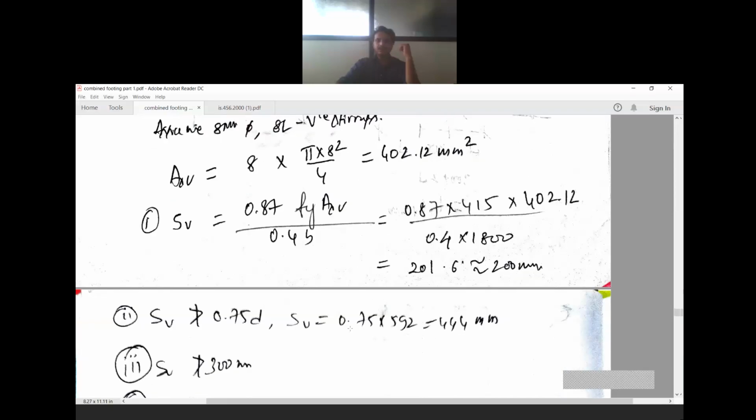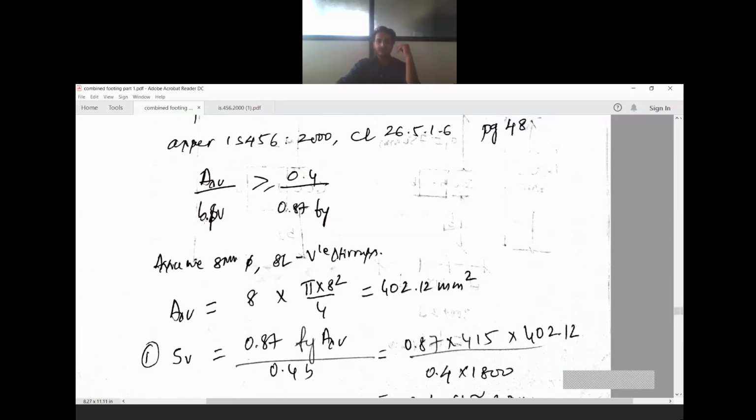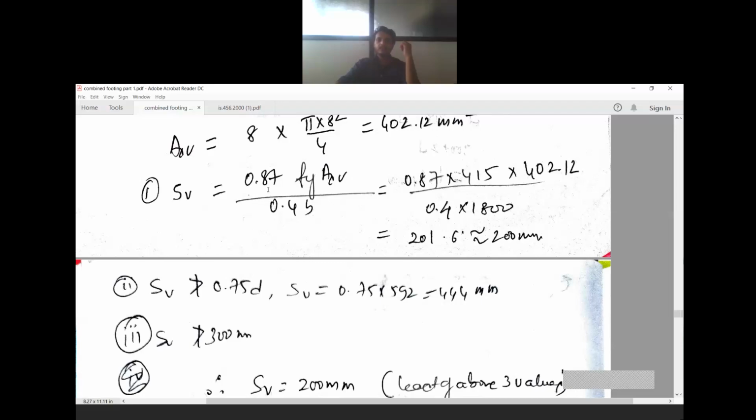For calculating the spacing, we have these three considerations. One is to alter the formula for SV. If I cross multiply, SV equals 0.87 Fy ASV divided by 0.4 B. So ASV, which I have just calculated, 402.12, divided by 0.4 into B of 1000.